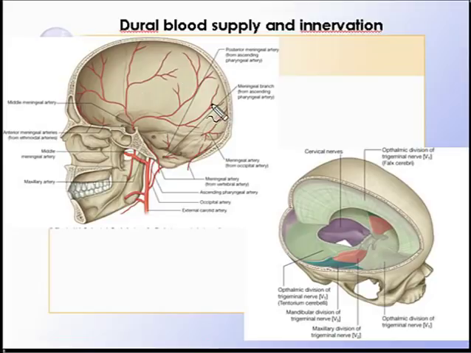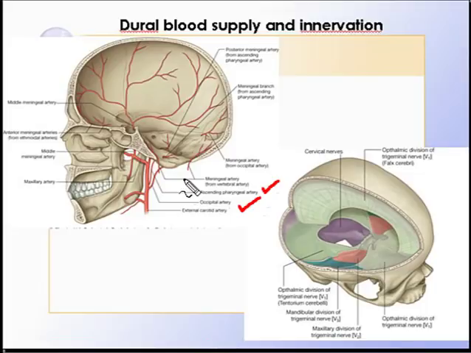The lower aspect of the dura in the posterior cranial fossa has some other arteries, for example the occipital artery and the ascending pharyngeal, so they also help to supply this region of the dura mater. The veins, the middle meningeal veins and the veins which accompany these arteries, they drain and they pass out and finally get out of the skull.